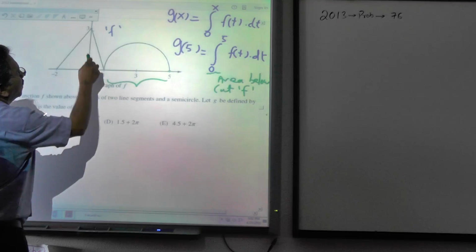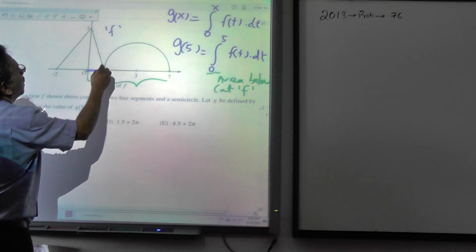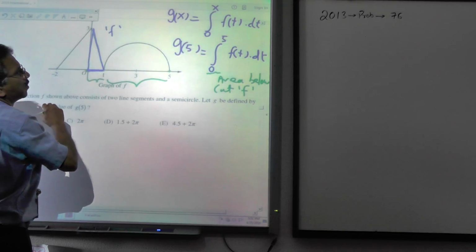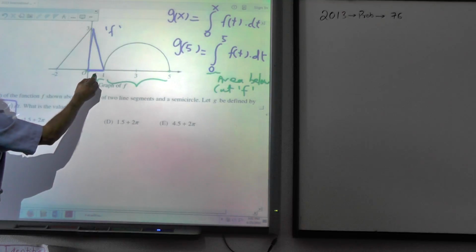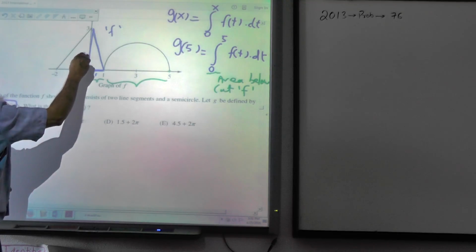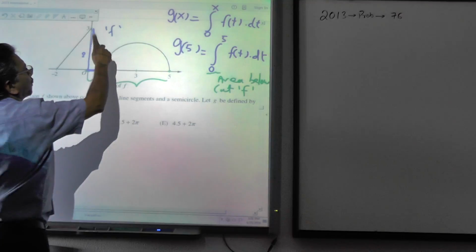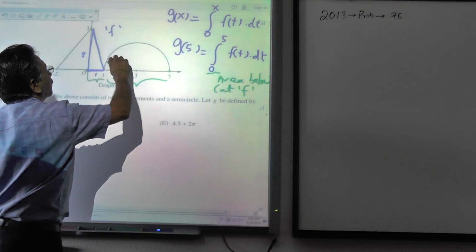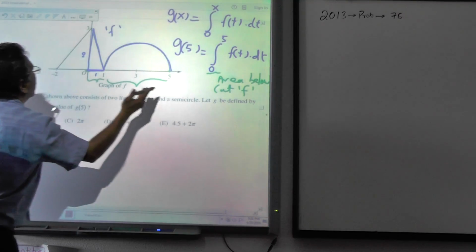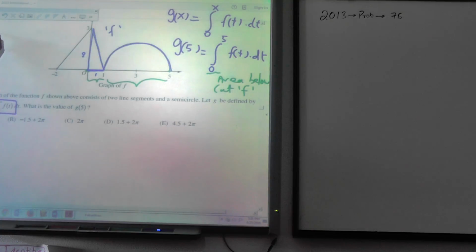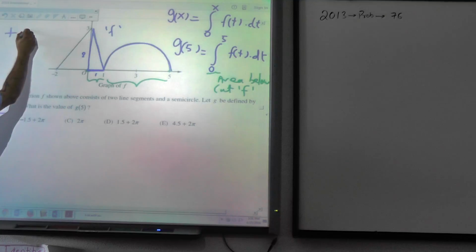The first one is a triangle. So the base is 1 and the height is 2. So the area below the curve is a triangle plus a semicircle.